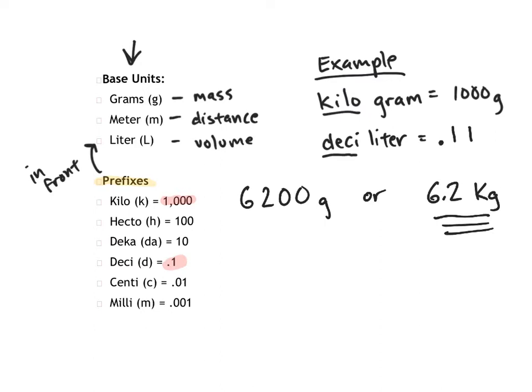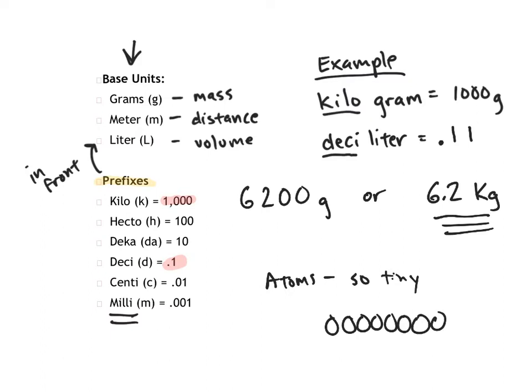And if you're typing, it's a lot easier with prefixes. And sometimes when we're measuring things like little tiny atoms, they're so tiny that we have to measure them not even in milli, but in picograms and nanograms. It saves us from having to write a bunch of zeros all the time. And that's the important thing.